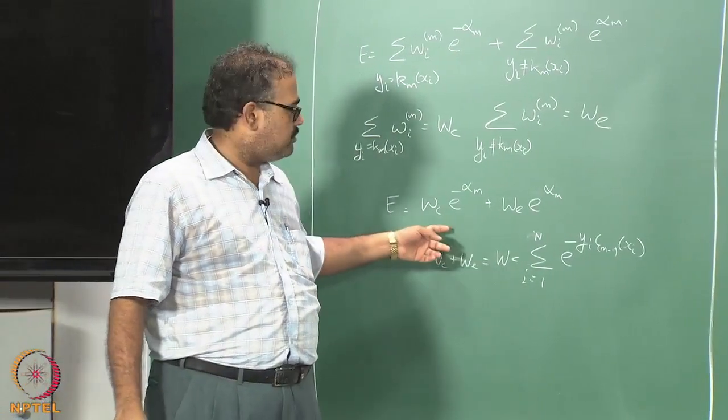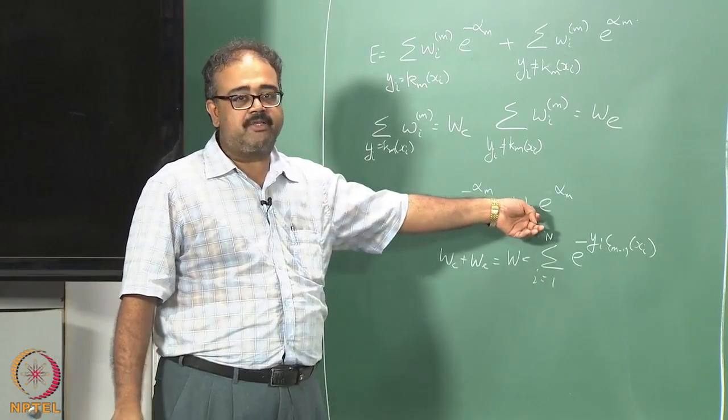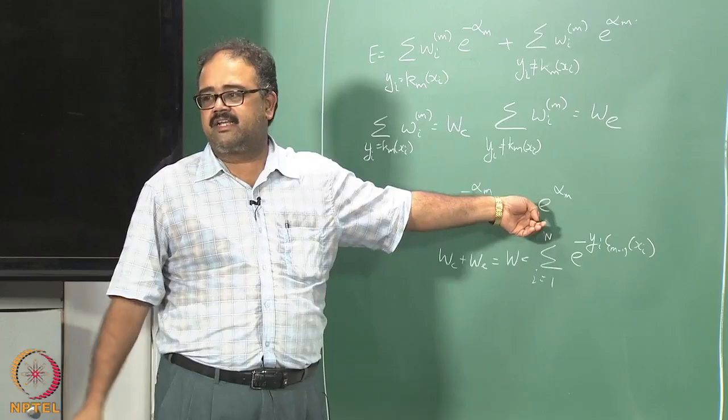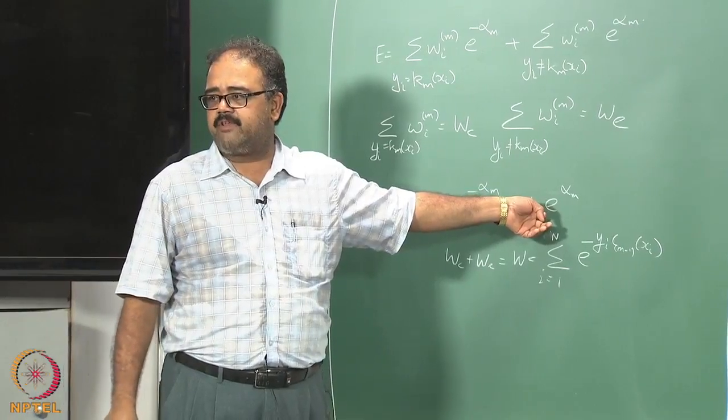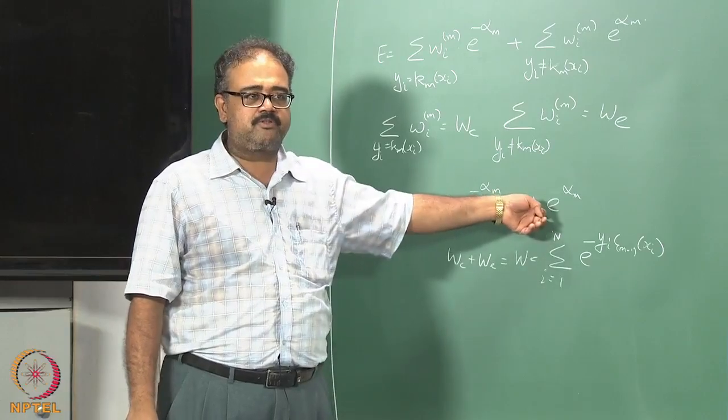So the goal is to see how much weight you can push into Wc as opposed to We. Km will be a classifier that tries to put as much weight into Wc as opposed to We.